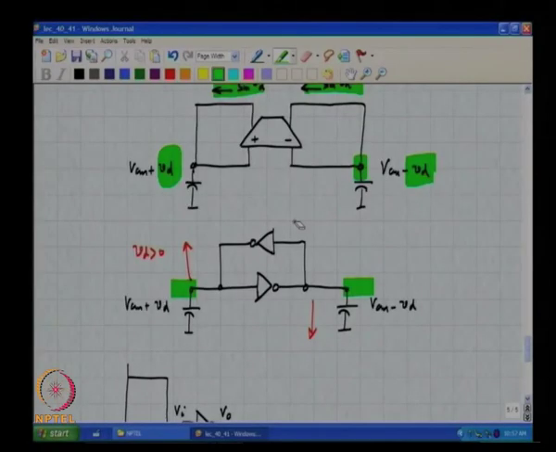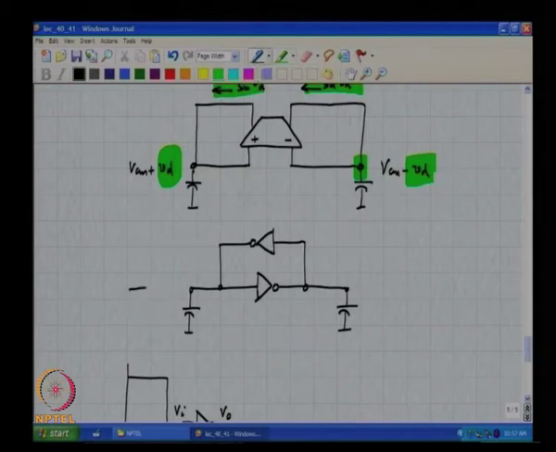What we want to do is the following: we want to have VCM plus VD and VCM minus VD on these nodes. To that end, we will attempt to write using two switches which are clocked with phi 1. So, this is VCM plus VD which is time varying, and this is VCM minus VD which is also time varying.